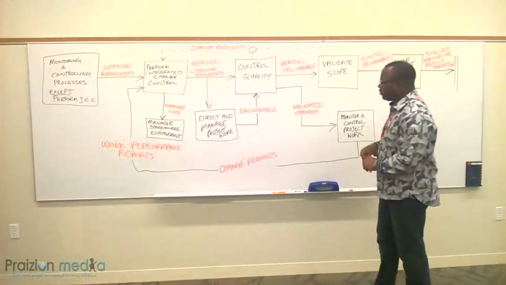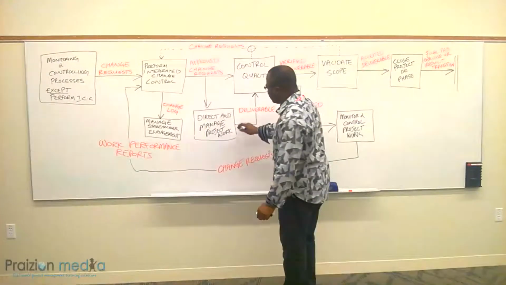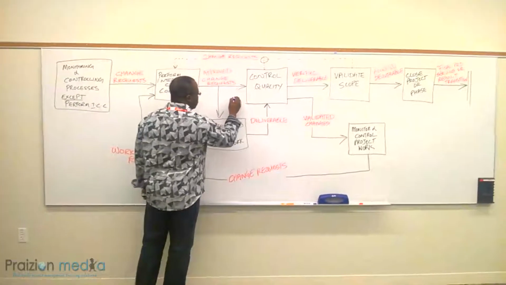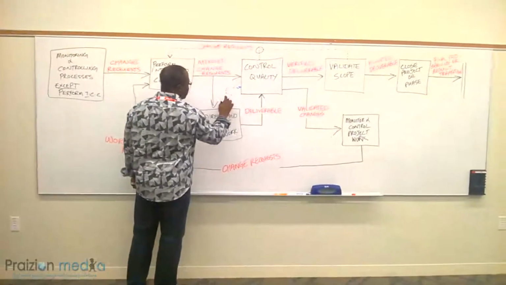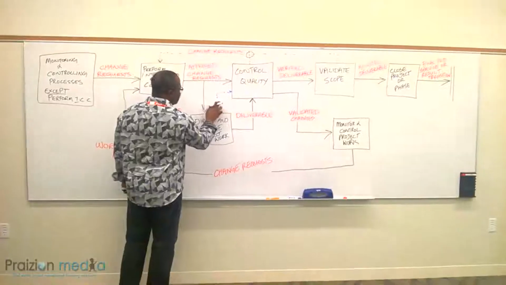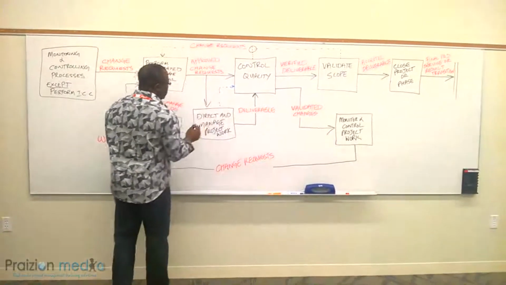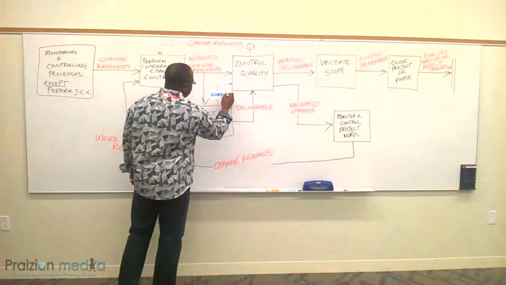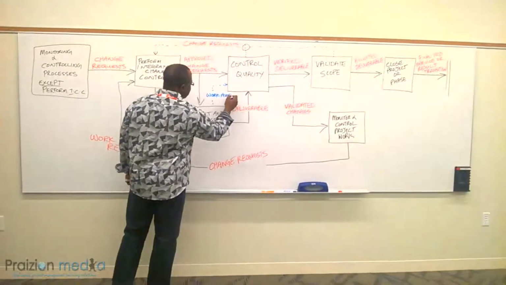Okay? We can draw some other relationships, and I'll just show you a few more, just so you're aware that from direct and managed project work, we also have going into control quality, work performance data, so I'm going to make that another input. I'll just make that blue, work performance data.